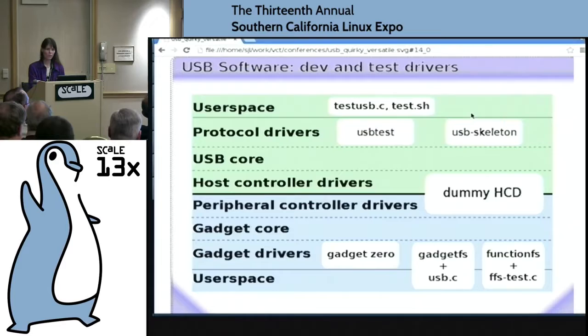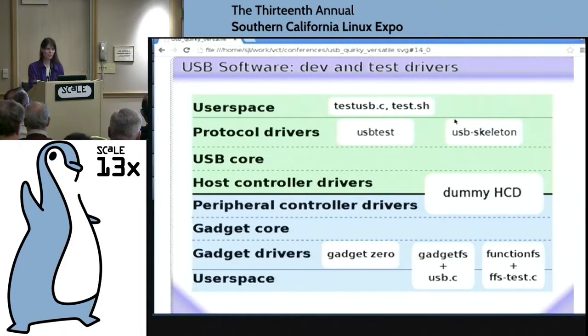On a separate note, which is not really so much testing as driver development, suppose you're trying to come up with your own protocol driver, and for some reason you decide to do it in kernel space instead of using USBFS plus libUSB. There is a nice, really simple example called USB skeleton that the developers tend to keep up to date and working.